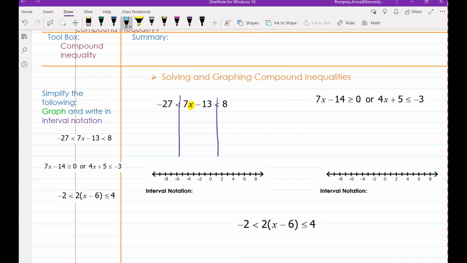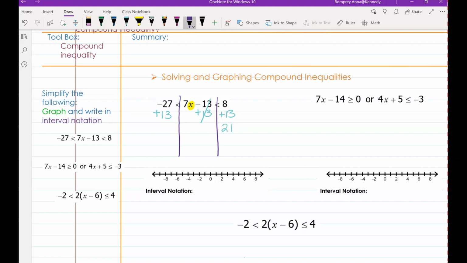So I've got minus 13, so the inverse, plus 13. So now, notice, I'm adding 13, so I have to do it to every side. So that's what makes this a little bit different, because I not only have one inequality, I have two. So I'm going to add to both sides. So 8 and 13.